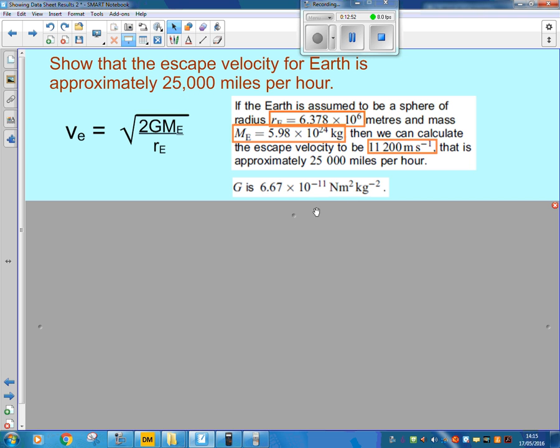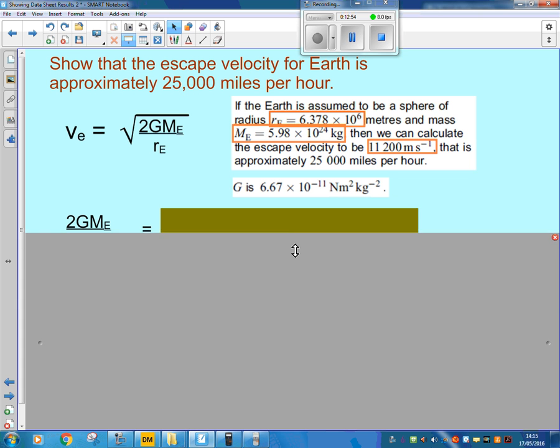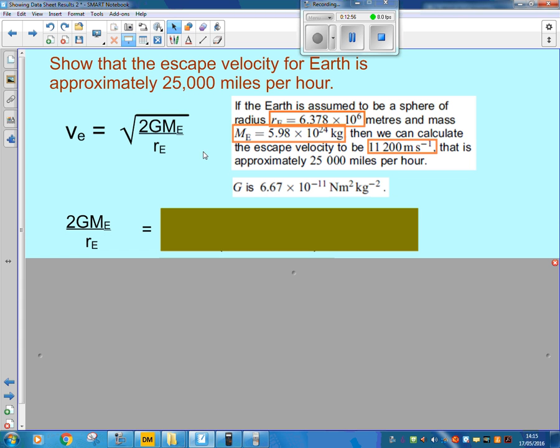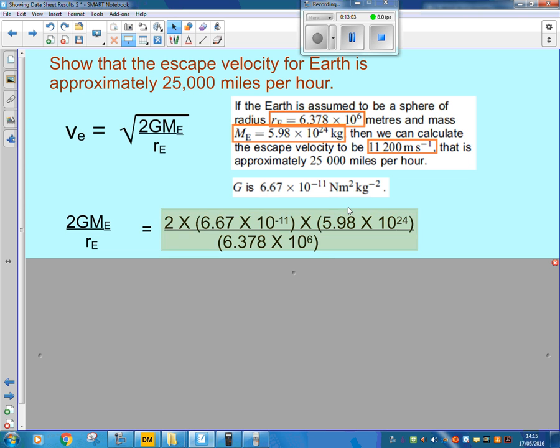We're told it's 6.67 times 10 to the minus 11. So let's start with this part without the square root. We'll put the square root on at the end. So it's going to be 2 times our G value times our mass of the Earth, and then we've got to divide by the radius of the Earth.